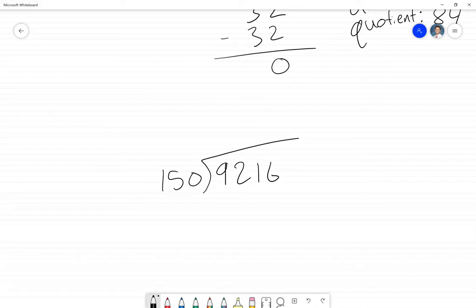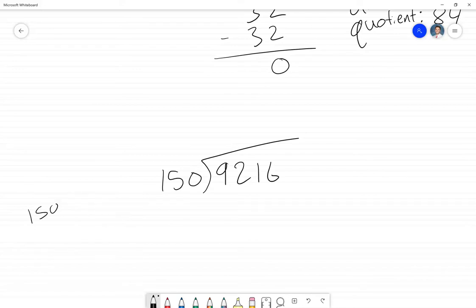If I round 150 up to 200, I know that 200 goes into 921 close to 1,000. I know that 200 times 5 equals 1,000. So that's my starting point to check how many times 150 goes into 921.